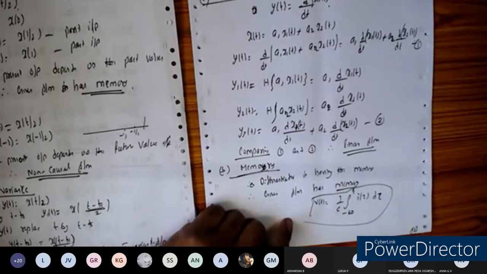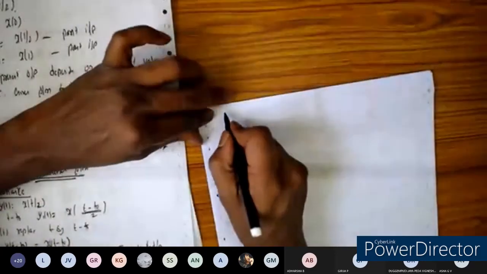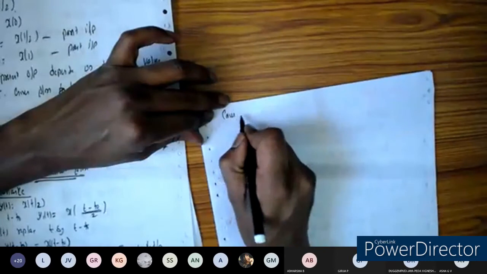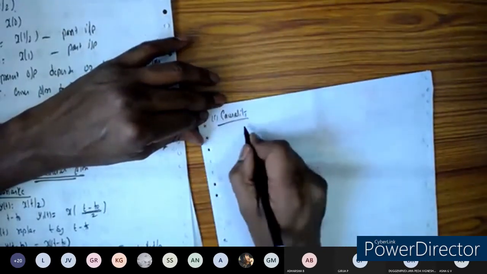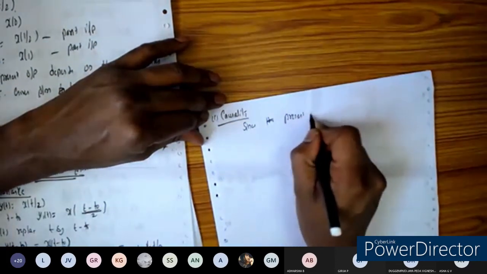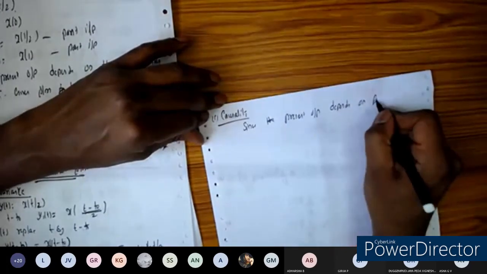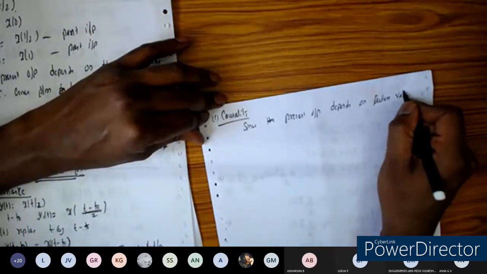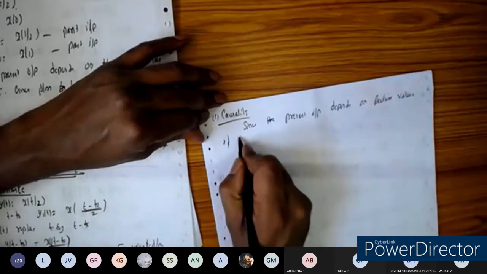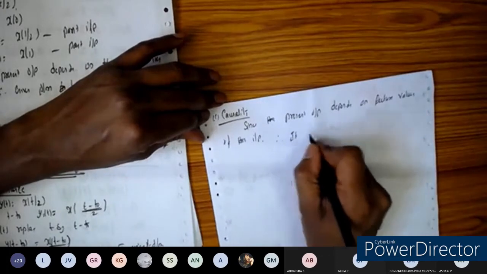So for the causality, since the present output depends on the future values of the input, therefore it is a non-causal system.